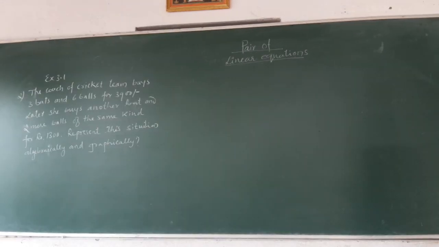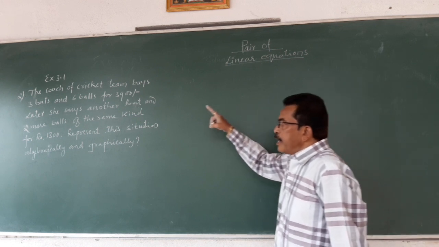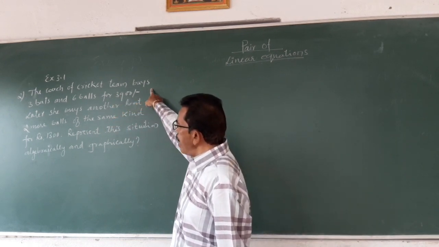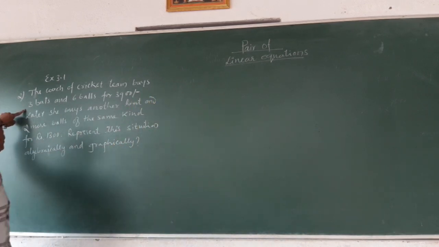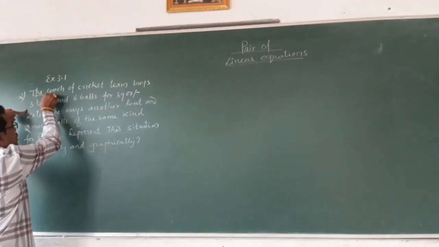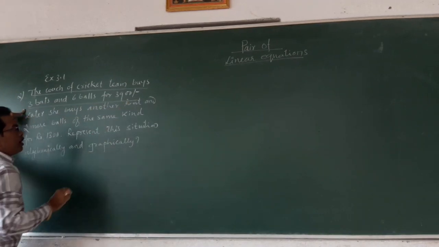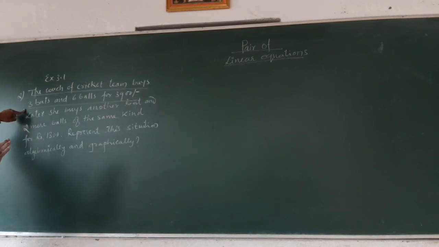Now see, this one is the second problem of that exercise. The coach of a cricket team buys 3 bats and 6 balls for 3,900 rupees. This is the first part of the problem, where we have to convert that verbal statement into a mathematical statement.